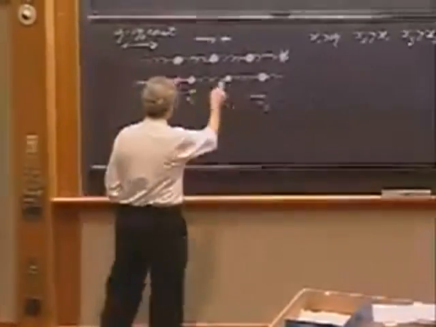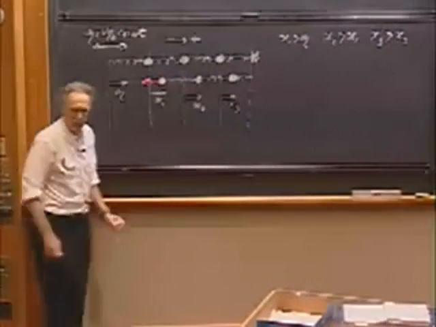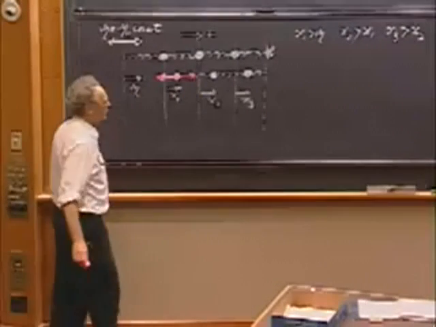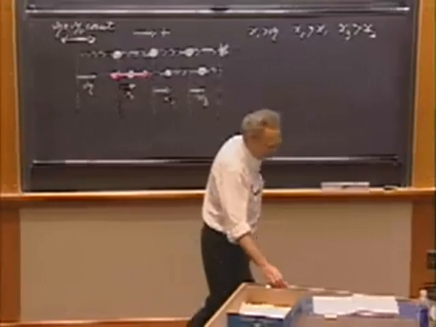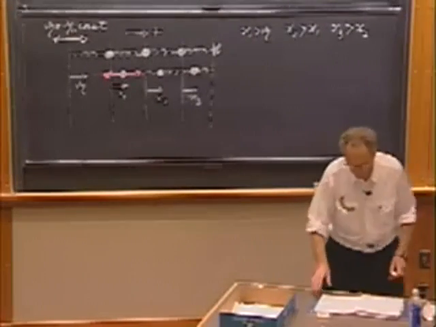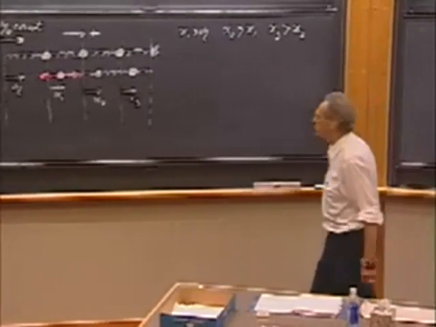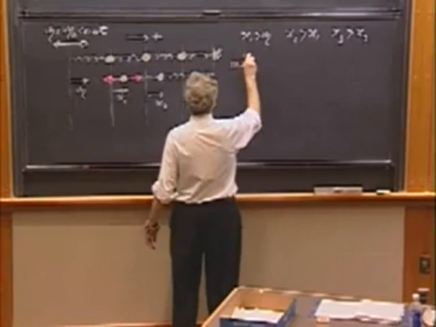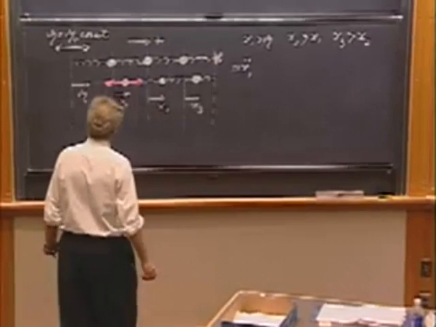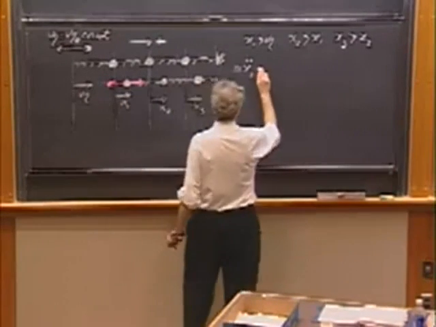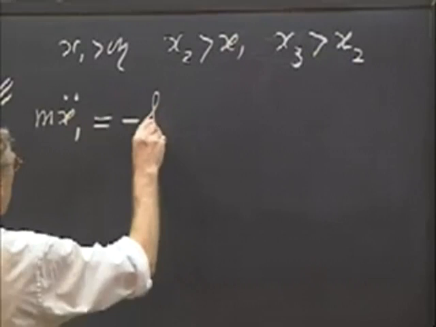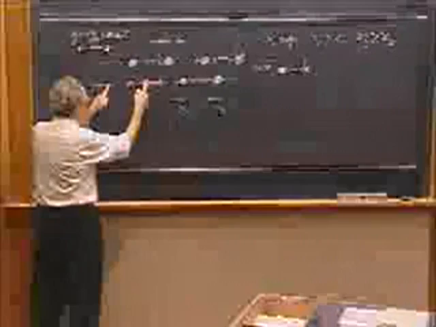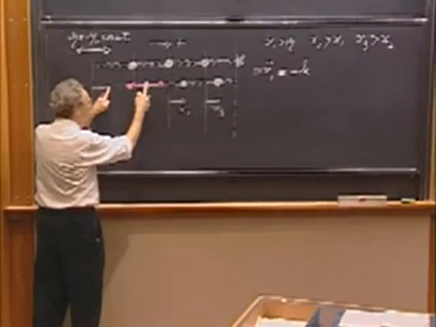If x2 is larger than x1, this spring is also longer than it wants to be, so it will want to contract. So there is a force in this direction. And so I can write down now the differential equation for my first object. So that's going to be m x1 double dot equals minus k times x1 minus eta, because that's the amount by which it is longer than it wants to be.